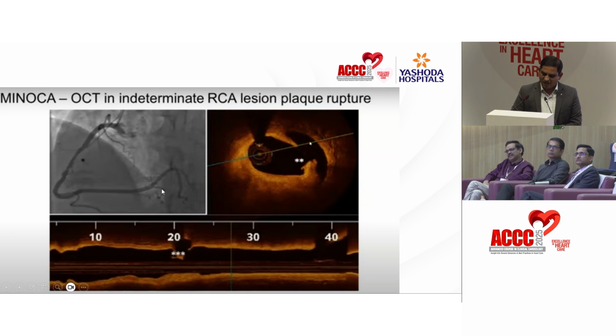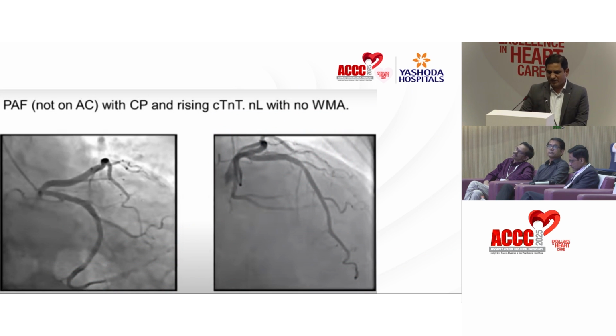Similarly, with OCT, the RCA looked borderline in the coronary angiogram, but by doing OCT you see a big plaque rupture here. That is the culprit for the MI. I want to share one interesting clinical scenario here. One patient with paroxysmal atrial fibrillation, not on anticoagulants, presented with chest pain, with rise and fall of troponin I levels and no Q wave MI.